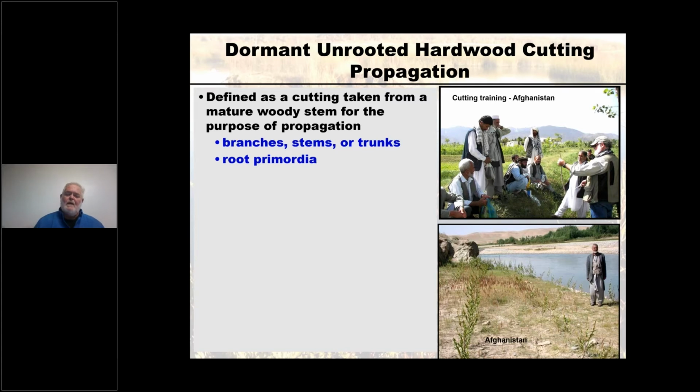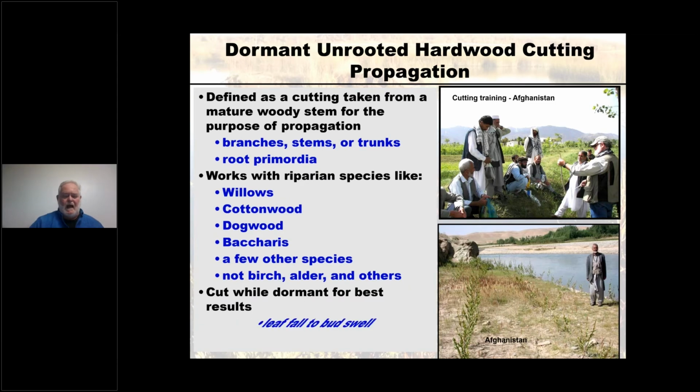So those root primordia are very important, and it's something that willows and others have. The species are willows, cottonwoods, dogwoods, and if you're down south in the southwest, baccharis, and a few other species. I would caution you to remember that birch, alder, and a few others will not sprout from hardwood cuttings. So don't collect those as hardwood. Those would have to be containerized plants.